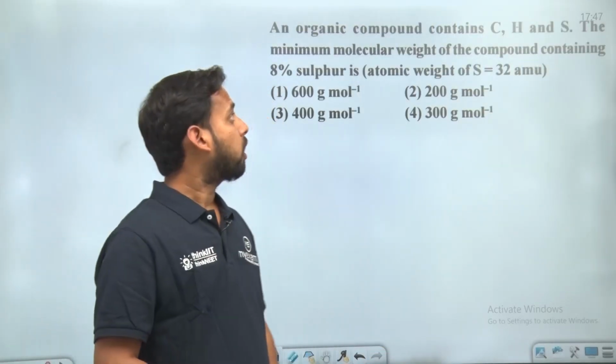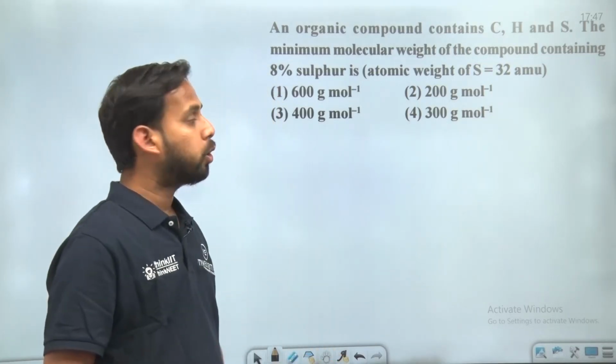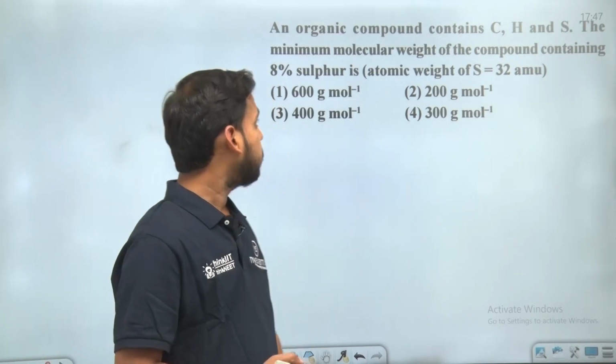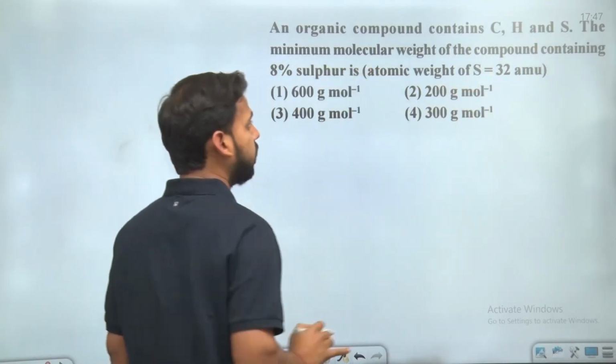Next question: an organic compound contains carbon, hydrogen and sulfur. What is the minimum molecular weight of the compound containing 8% of sulfur? The atomic weight of sulfur is given as 32.